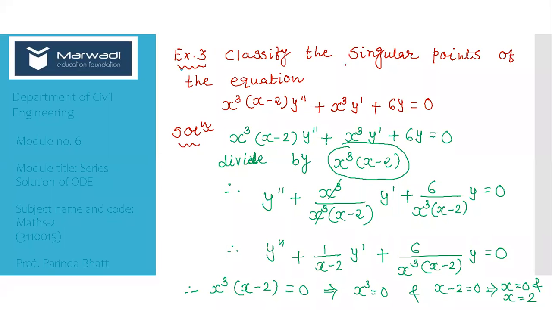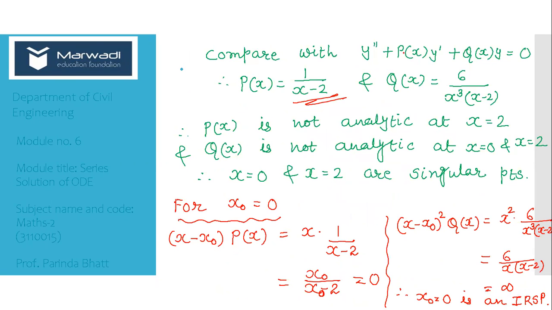Classify the singular point. Classify means first you have to find the singular point and then classify whether it is regular or irregular. Very simple. Take the y double dash coefficient, the whole polynomial term, and divide the whole differential equation by this term. Then compare with the form y double dash plus p of x y dash plus q of x y equal to 0.